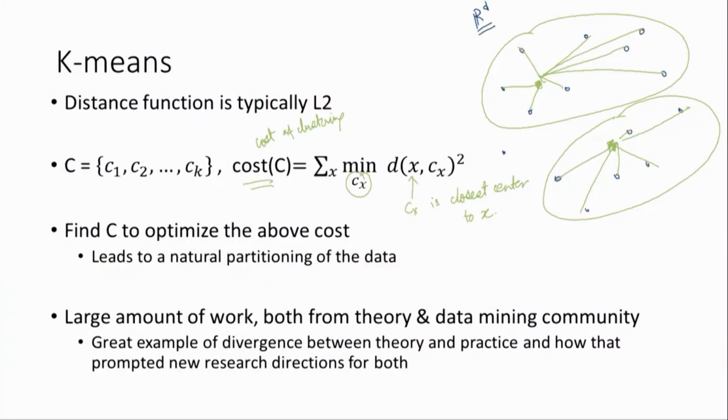Now the question is, find out the cluster centers, or equivalently find out the partitioning, as we'll see that they're equivalent, to minimize the above cost. Very straightforward. Let's say k equal to 2 here. My question was, where should I put these two green squares so that this cost is minimized? Once I put down the green squares, the cost of the clustering is clear, because every point goes to the nearest one, there's no ambiguity, and then I define the cost.